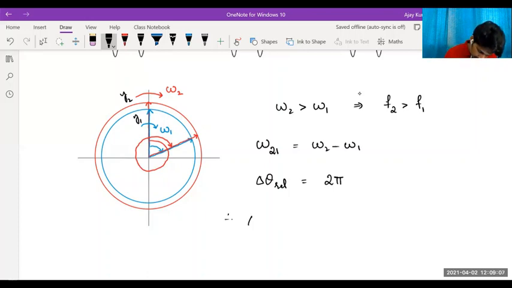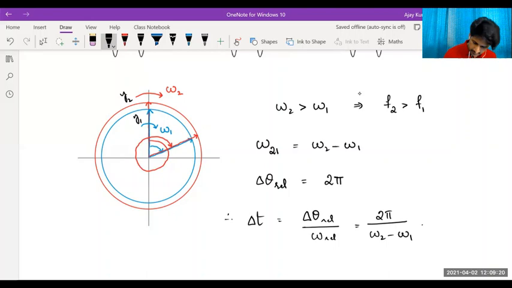Therefore, the time taken can be calculated as delta theta relative divided by omega relative. That would be 2 pi divided by omega 2 minus omega 1. So this is the time after which the person standing at that position will again hear a loud sound.